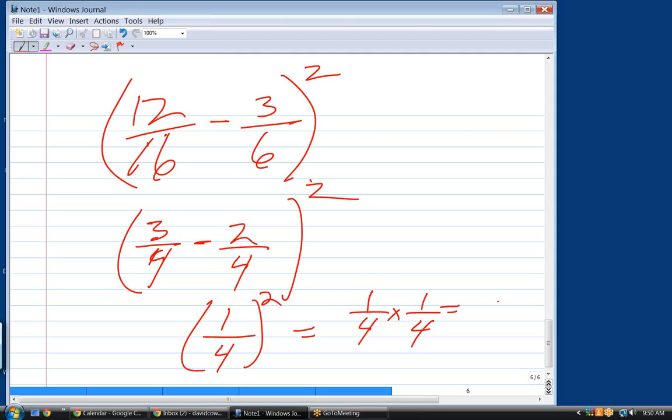When you're multiplying fractions, it's the easiest thing. Just multiply the numerators, multiply the denominators. Much easier multiplying fractions than it is adding them or subtracting them. Yeah. And since division can be turned into multiplication, then division is easier.